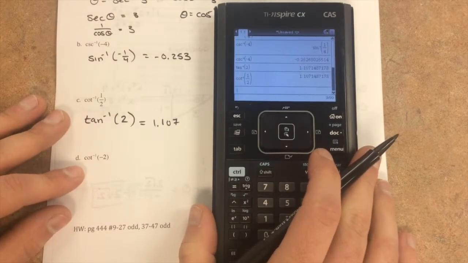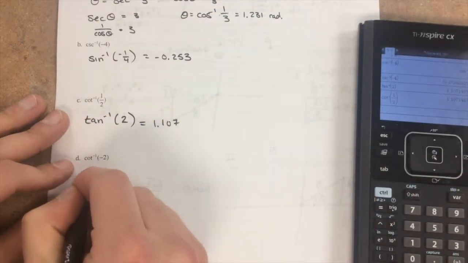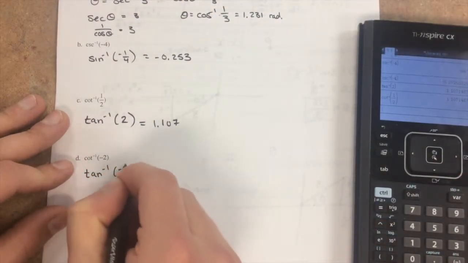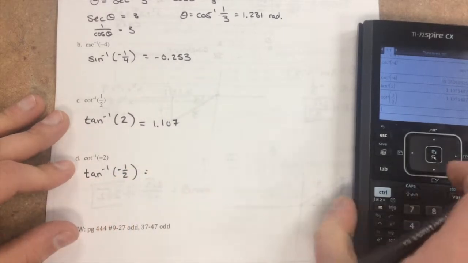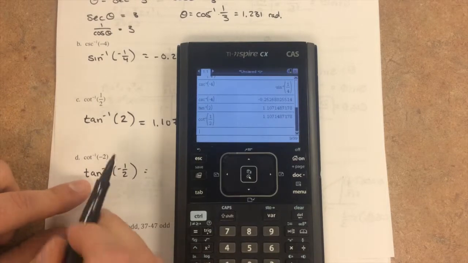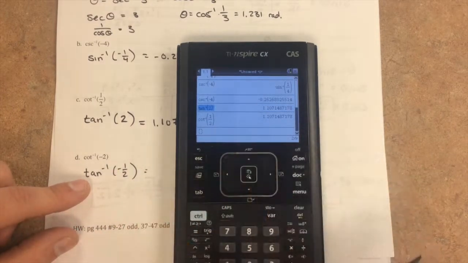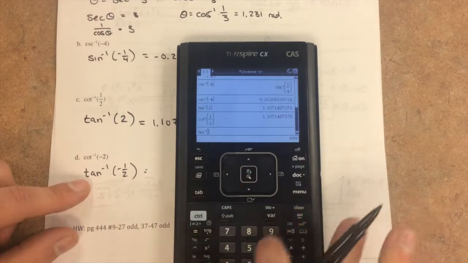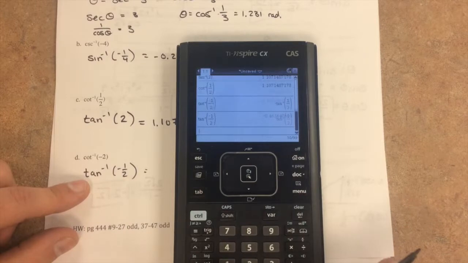Last one, inverse cotangent of -2. So this is the inverse tangent of -1/2. Flip the reciprocal function, reciprocal value. So I'm just going to go back up here since I had it typed in. Hopefully this method makes sense to you guys.